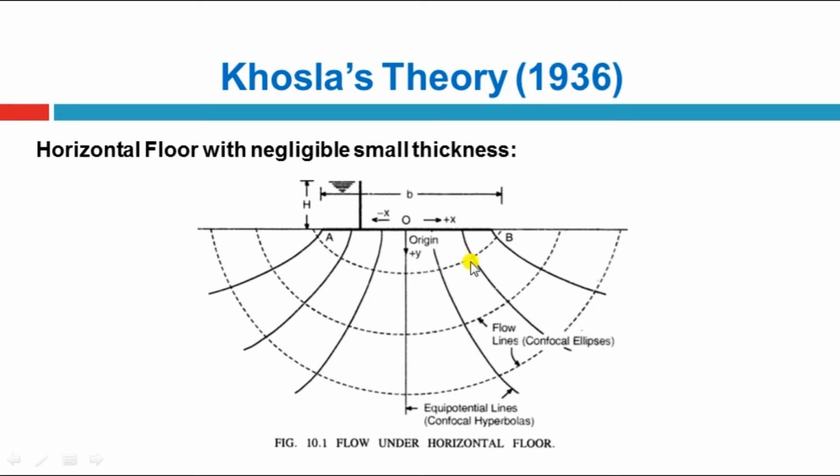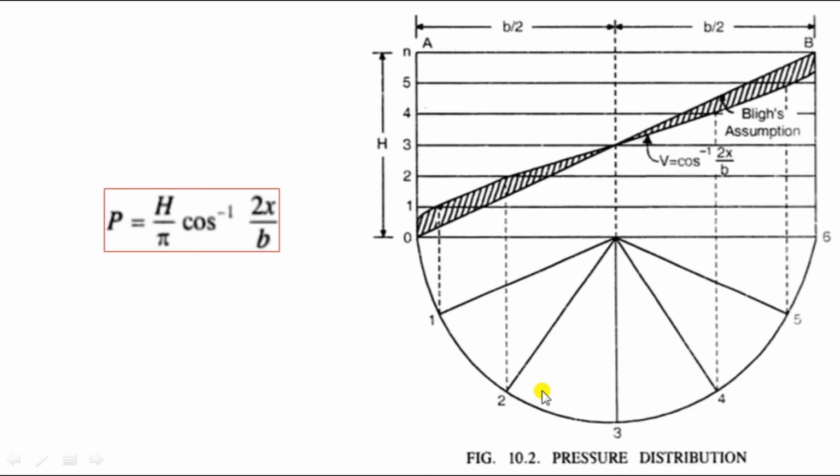You are already familiar with this word from applied fluid mechanics. That is the flow line and that is the equipotential line. Now the pressure distribution curve for that case is P equals H by pi cos inverse 2x by B. That is the pressure distribution formula.